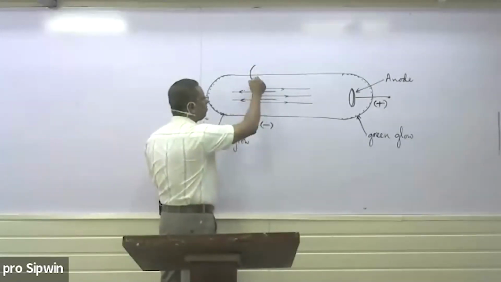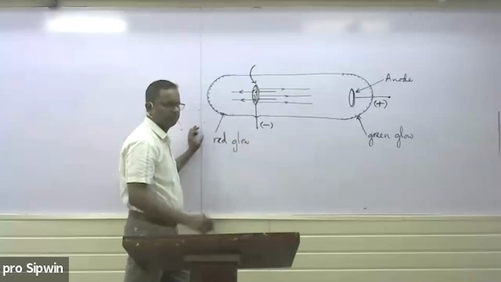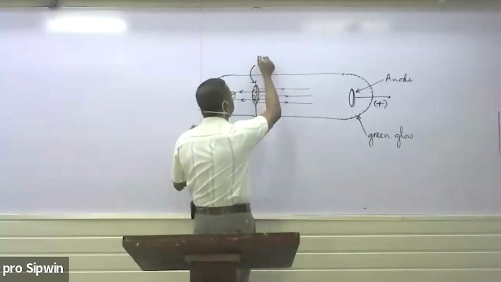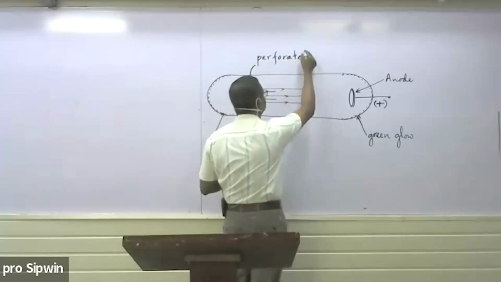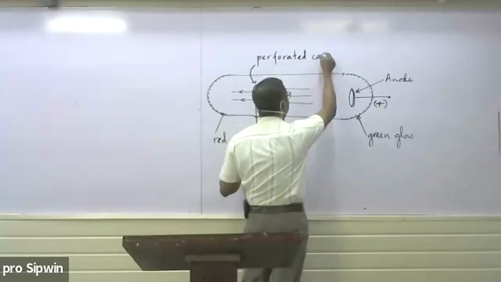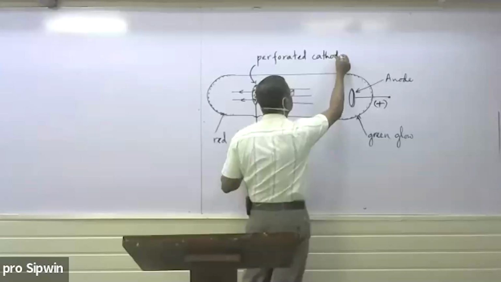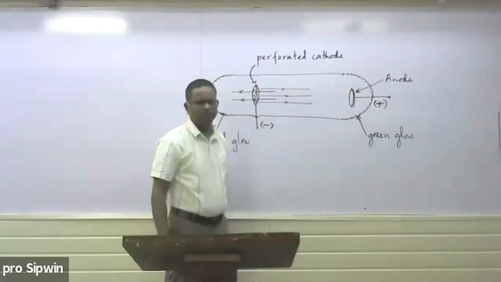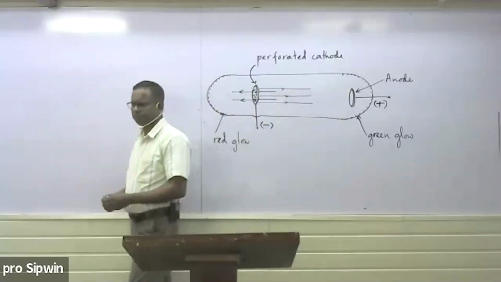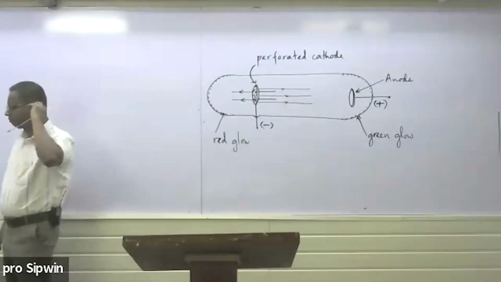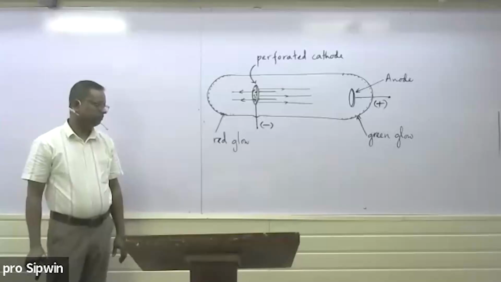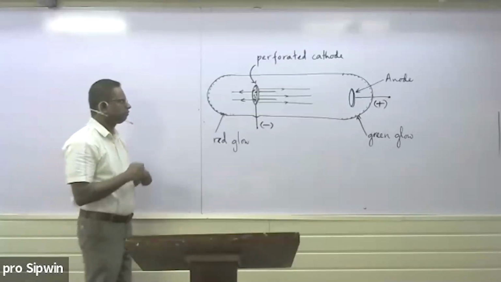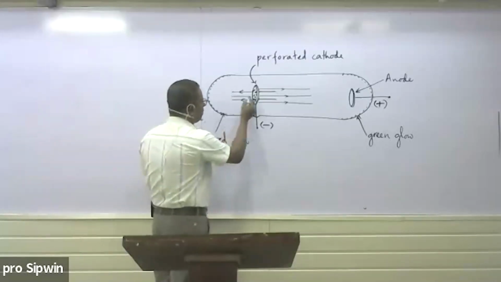I will label this one as the perforated cathode, or porous cathode. Rays pass to this side.